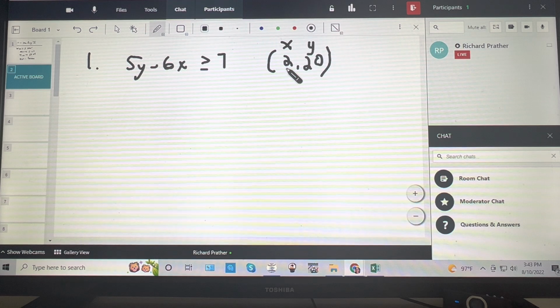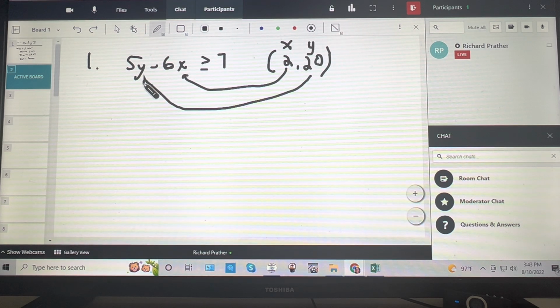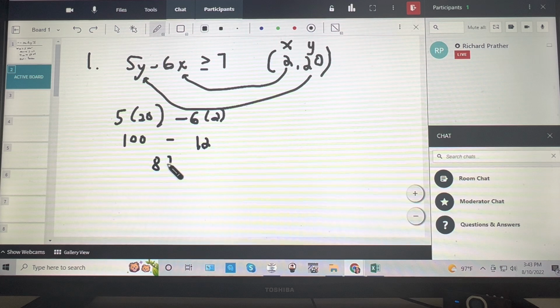So I have an x and a y. I'm going to plug the x in there and the y in over there. They have it out of order, but be careful about that. So 5 times 20 minus 6 times 2. This would be 100 minus 12. This is 88.